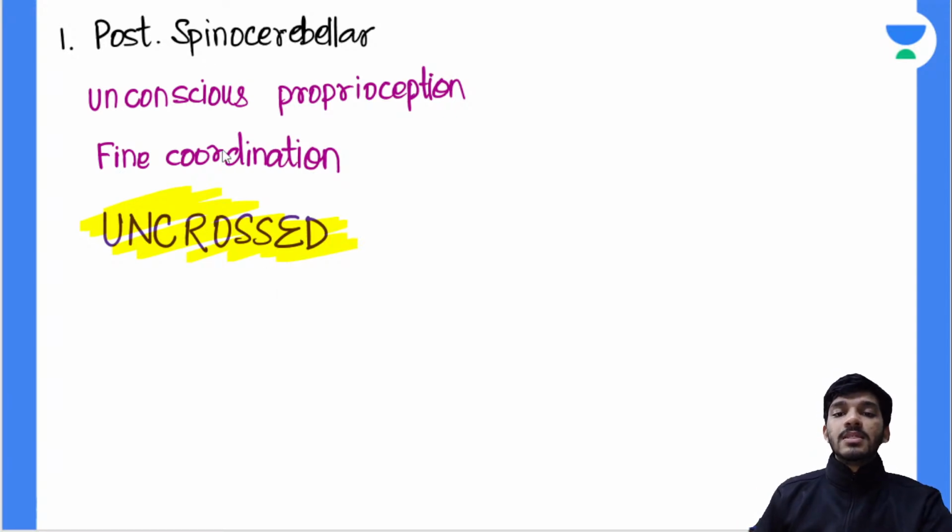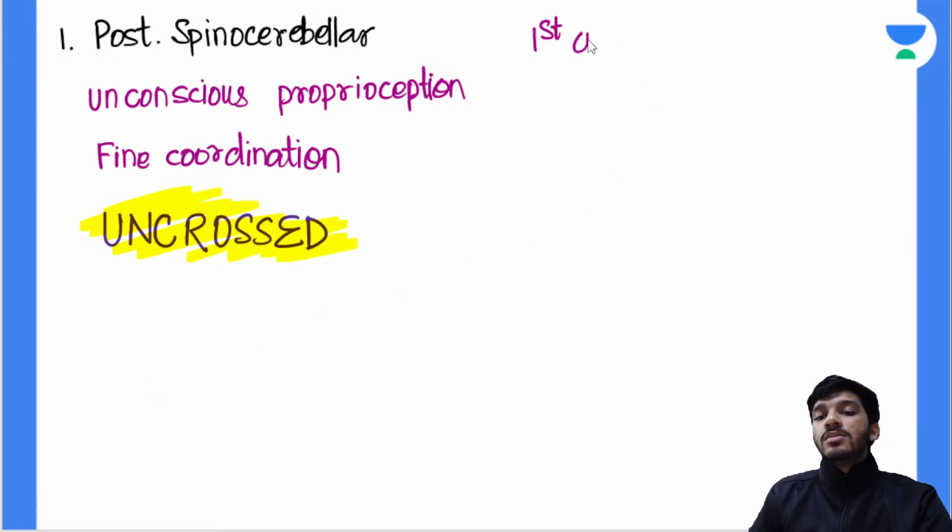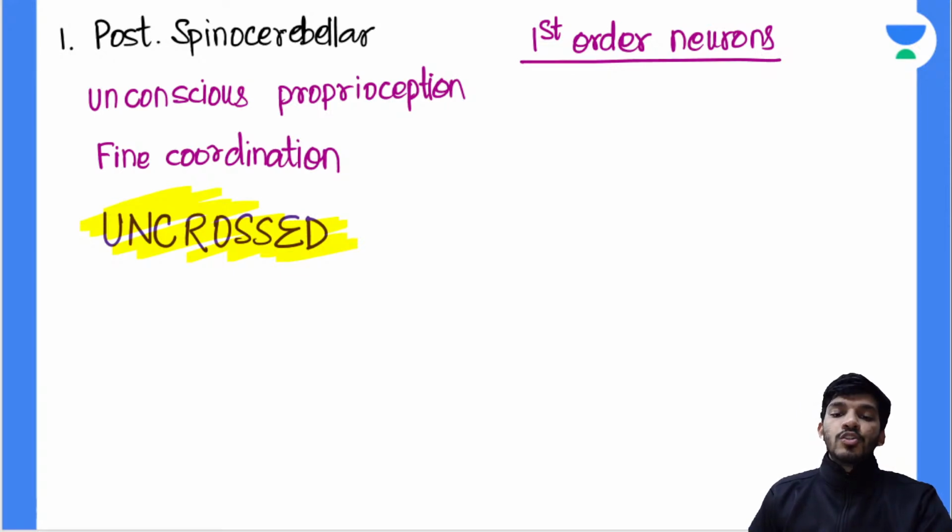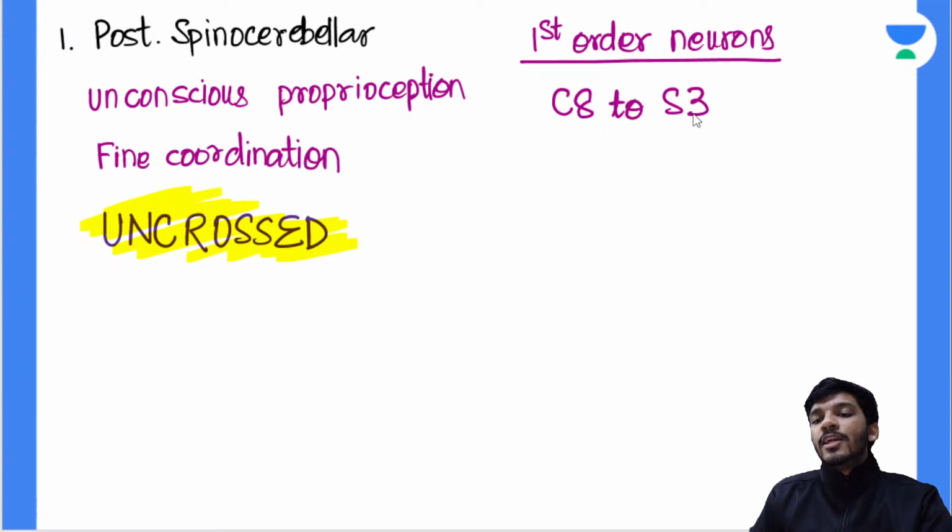So how does this happen? Where are the first order neurons? The first order neurons begin from the muscle spindles and the Golgi tendon organs. They will be found in the C8 to S3 spinal segments in the dorsal root ganglion.